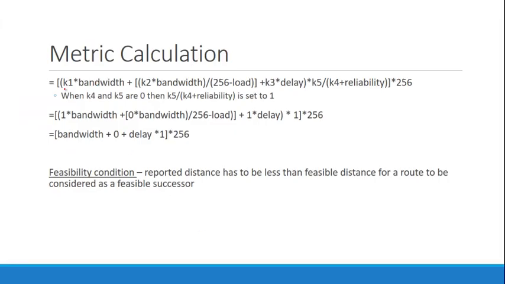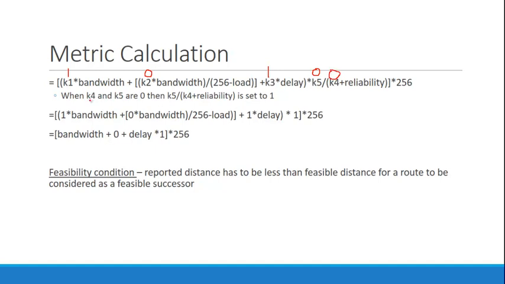When we go back, K1 was 1, K2 was 0, K3 is 1, and K4 and K5 are 0.